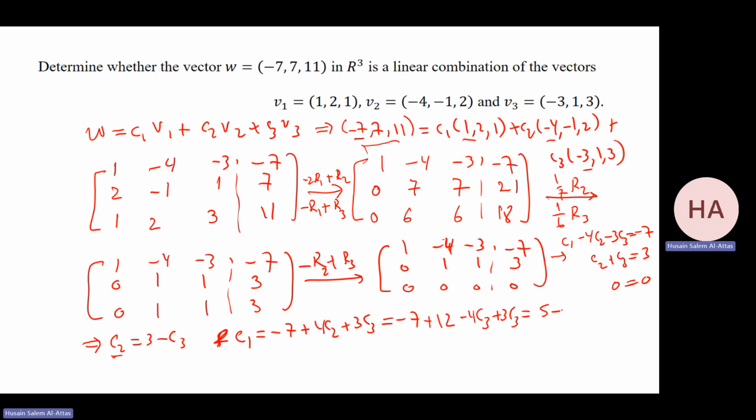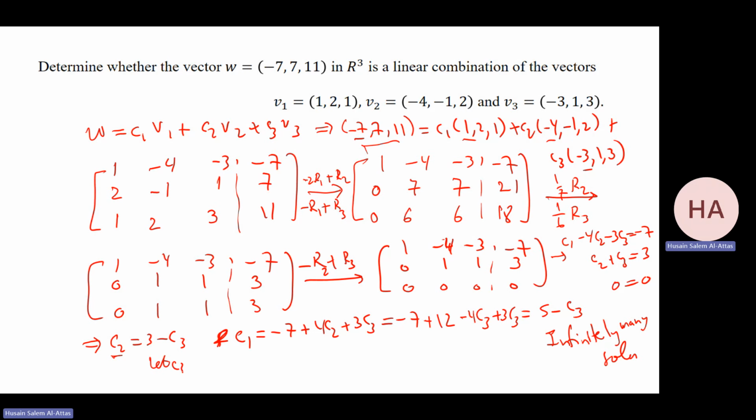So that gives me 5 minus C3. So now we have what? That means we have infinitely many solutions. That means we can find C1, C2, and C3 by just choosing C3.